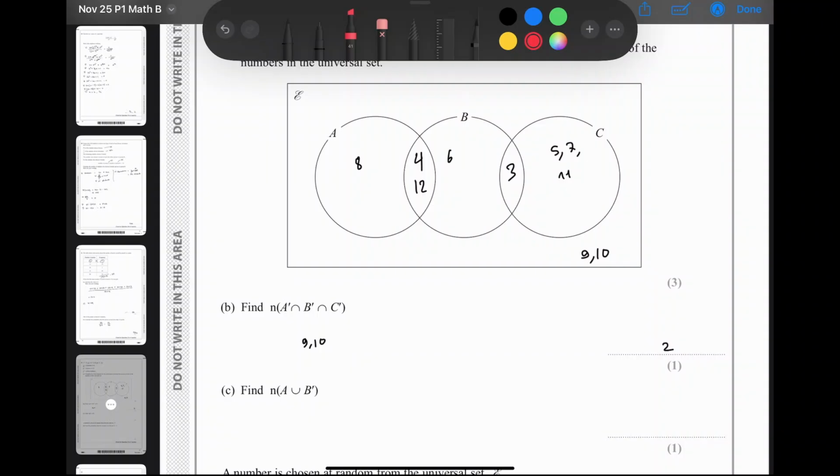Next, for C, we are asked to get rid of B, but keep the ones that are in union with A, so it gets rid of only 2, leaving 8 for the answer.